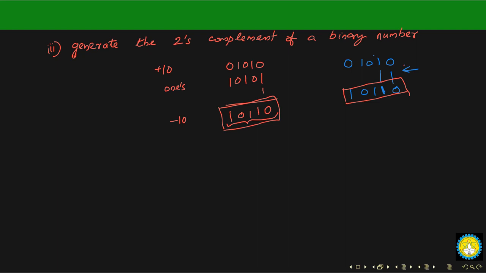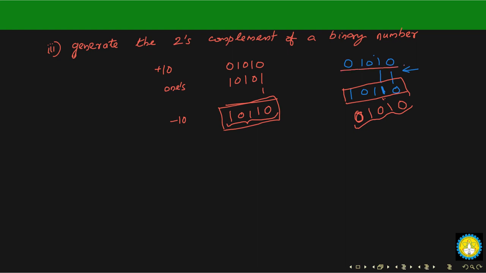If you scan from this side, this is a 0, you just copy it, and here you see a 1, just copy that. After that, you have to invert. That means this 1 will become 0, this 0 will become 1, and this 1 will become 0. You can see that you're getting back what we started with, which was our original input. So remember, the 2's complement of the 2's complement of a number gives the number itself.